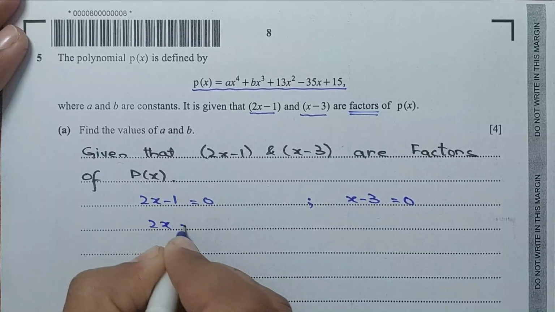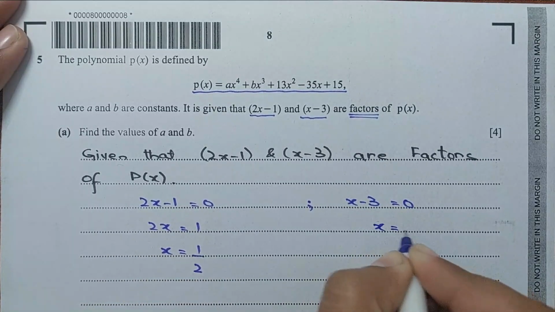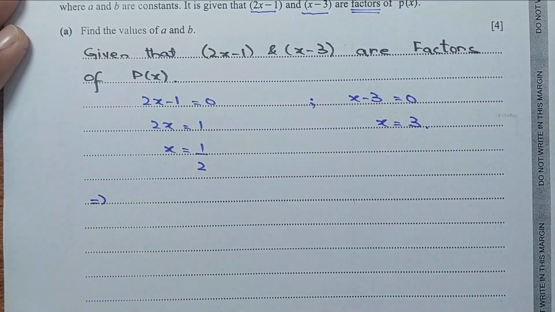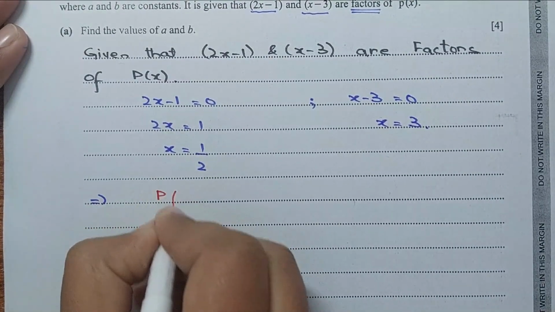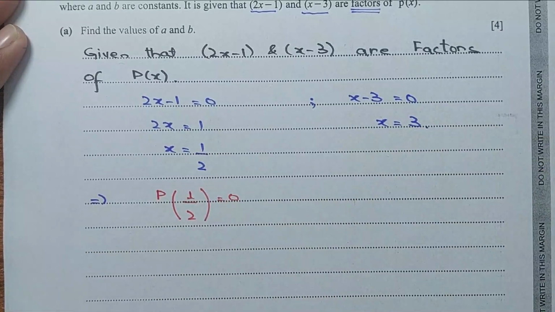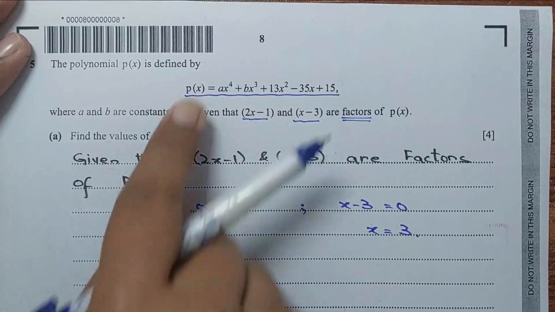From here 2x equals 1 and x equals 1 by 2, and here the x value is 3. This implies p of 1 by 2 equals 0, and p of 3 equals 0 if they are the factors.